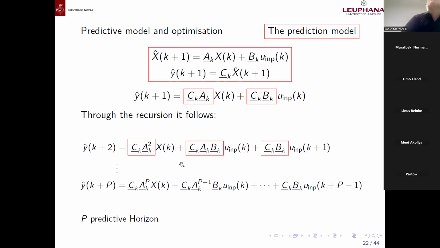One second. This here, as I told you, comes from here. CA square, I see here very well.